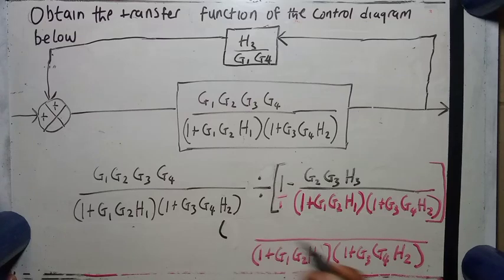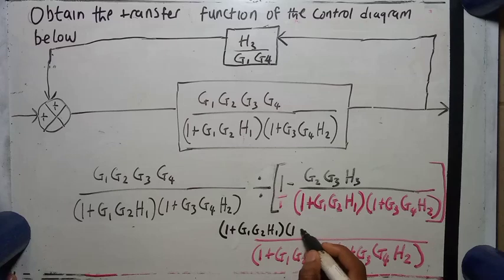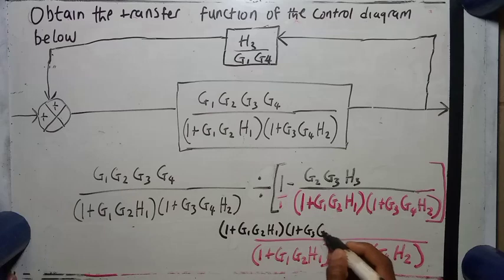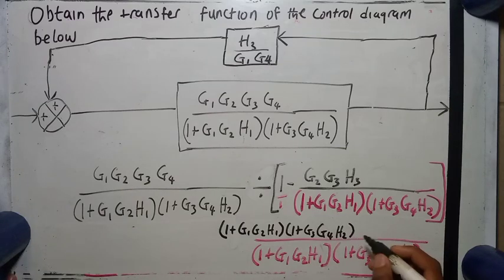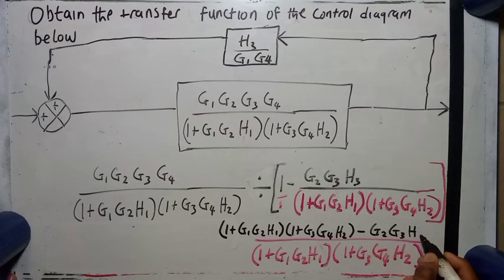So we're going to be having 1 plus G1 G2 H1, 1 plus G3 G4 H2, minus this divided by this is 1 times whatever is here. We'll be having G2 G3 H3.